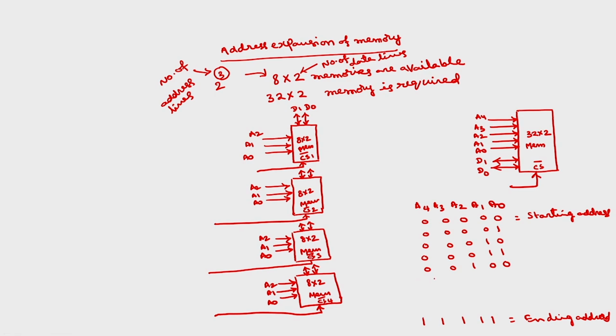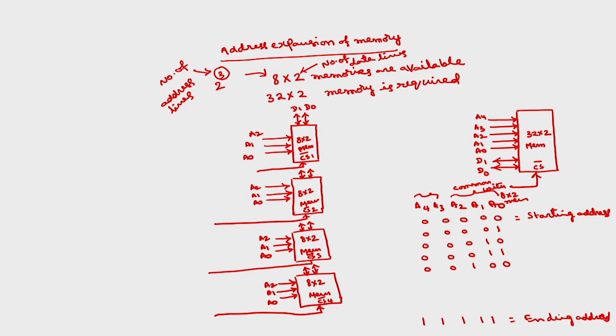If I take the first 8 locations here, what will be A3, A2? So, you have these extra signals. A2, A1, A0 are common to all the 8 by 2 memories. These two, A4 and A3, are the extra signals.